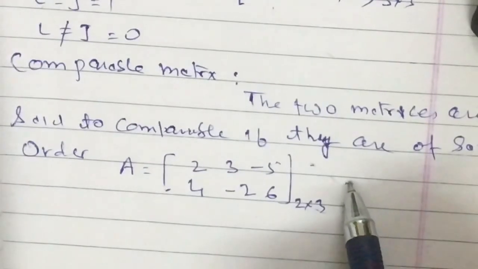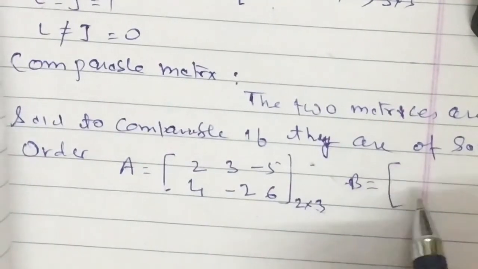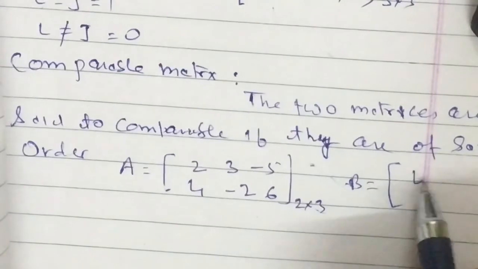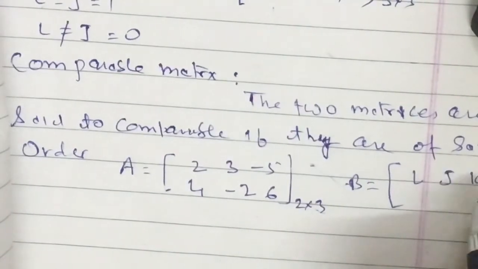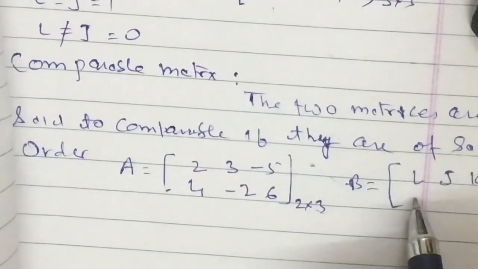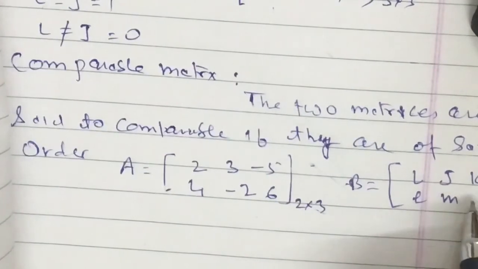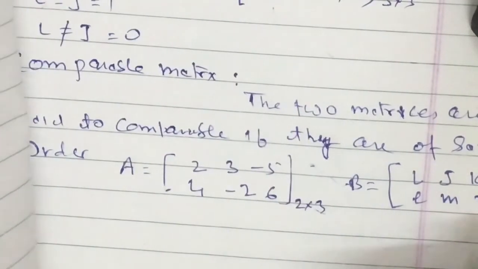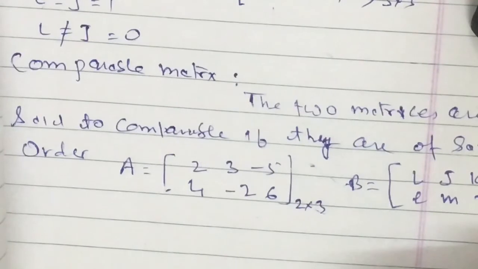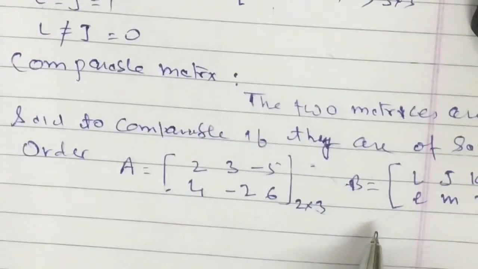And let us suppose one more example, B is equal to I, J, K and L, M, N. It is also 2 into 3 order. So we can say that both matrices are of 2 into 3 order. So these are comparable matrices.